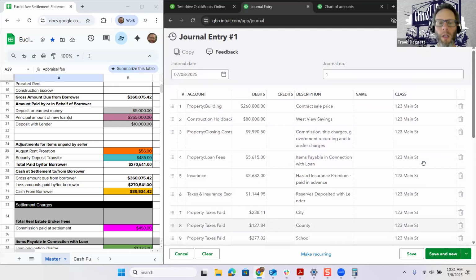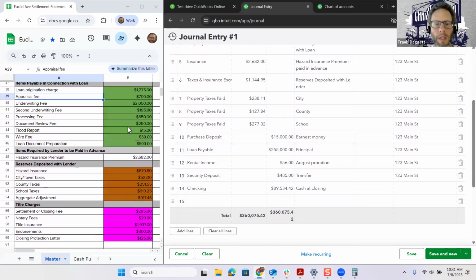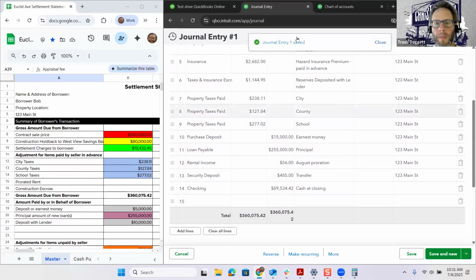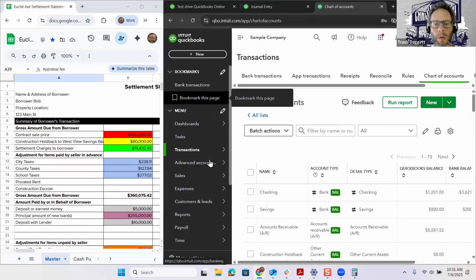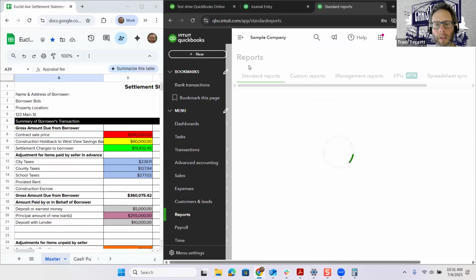No. Okay, so our journal entry balances and matches the settlement statement. Let's go ahead and save this. And let's take a look at the reports, starting with the balance sheet.